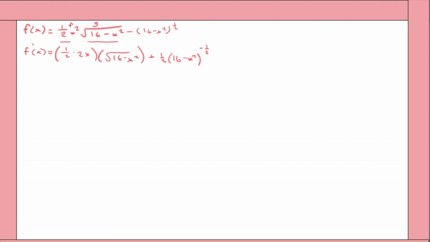Then we take the derivative of the inside part, this negative x squared, which turns into negative 2x. Then we multiply by f. This was all g prime, and now we restate f, which would be 1/2 x squared.